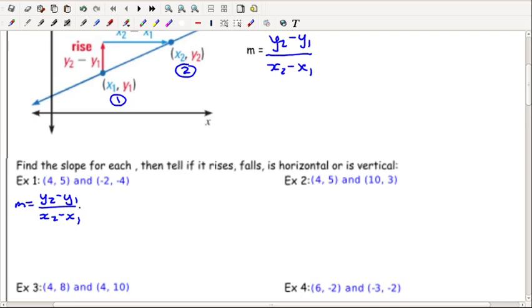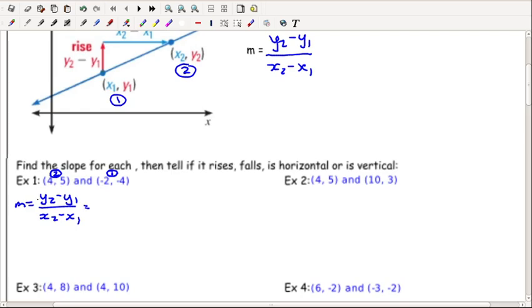And as I said up above, you can choose if you want this to be point 1 and this to be point 2, or this to be point 2 and this to be point 1. It's totally up to you. Just be consistent. So just for fun, I'm going to switch things around and call this point 2 and this point 1. So this would then be x2, y2, and x1, y1.